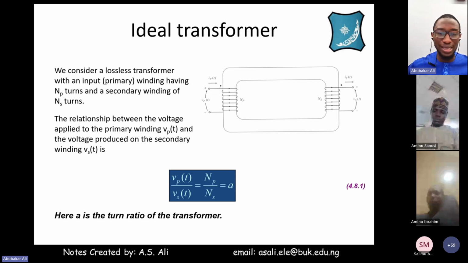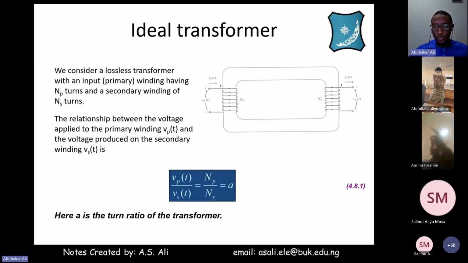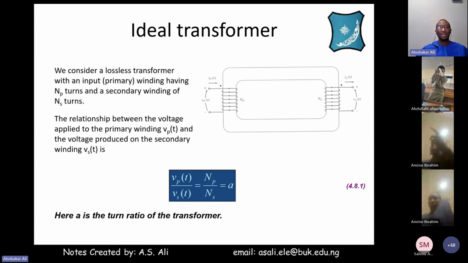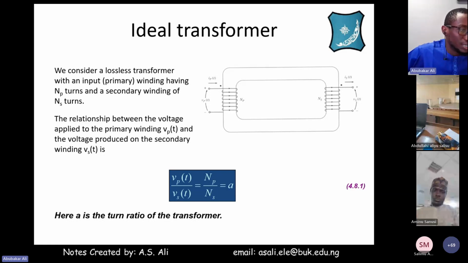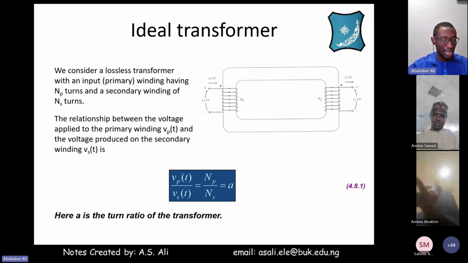But if you go to the market to say, I want to buy an ideal transformer, you'll never see it. It doesn't exist. But it helps us, it simplifies the whole analysis. When you try to do analysis with all the constraints in life, taking all the impairments in reality, noise factor, losses, and what have you, so many things come into play.